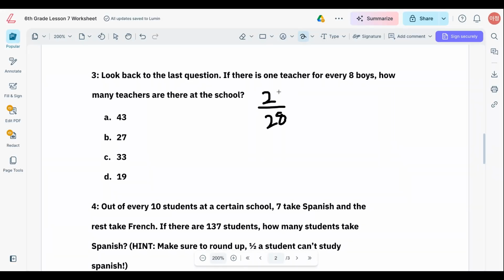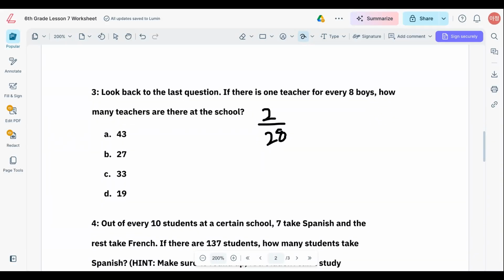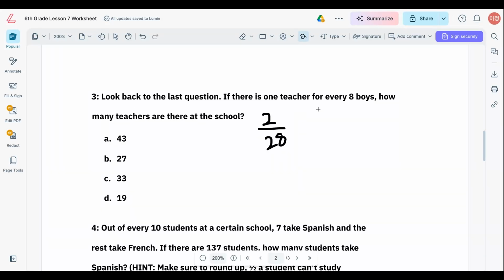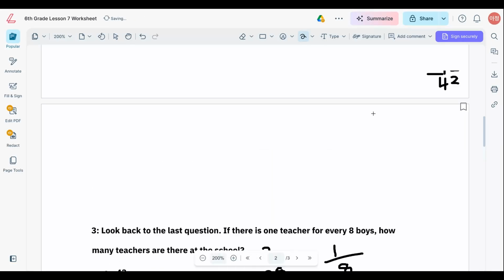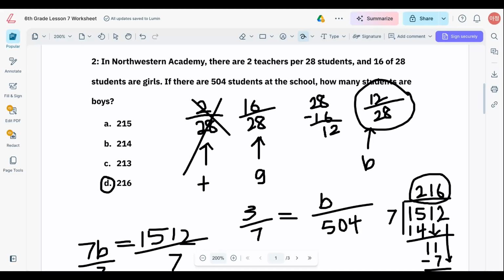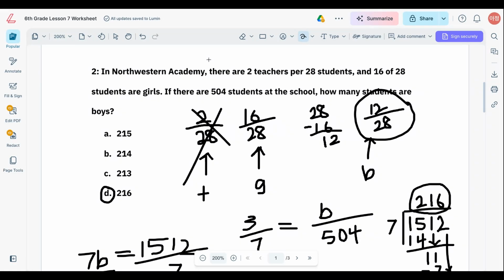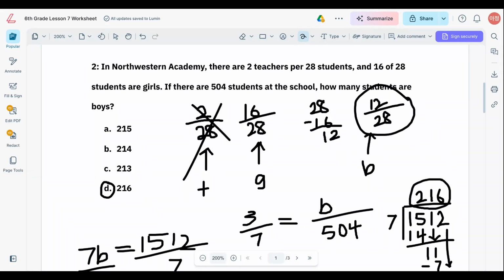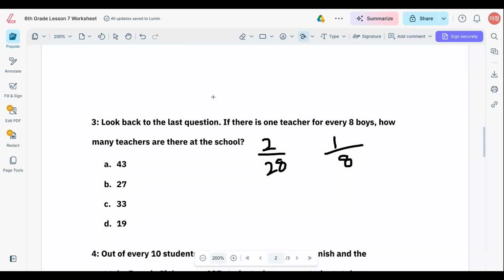And so if there is 1 teacher for every 8 boys, how many teachers are there at the school? 1 teacher for every 8 boys. Now I'm guessing we're using the same values.